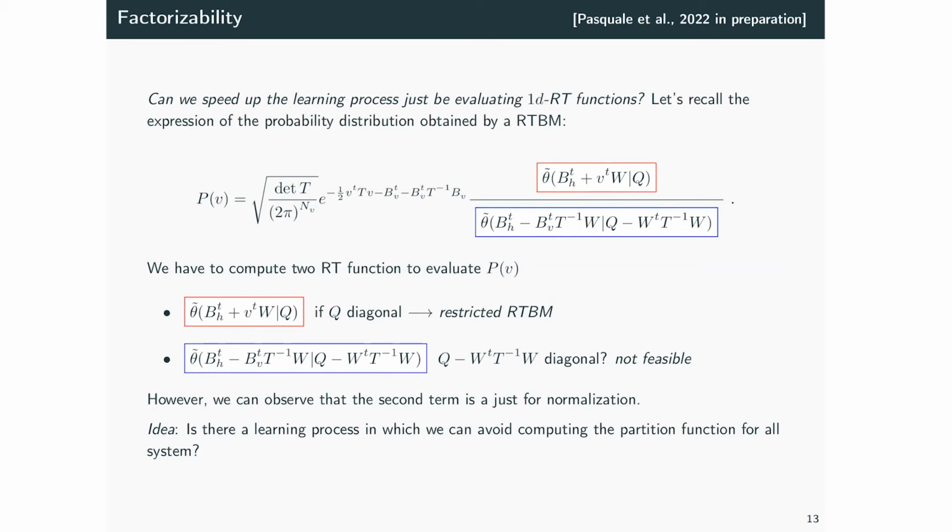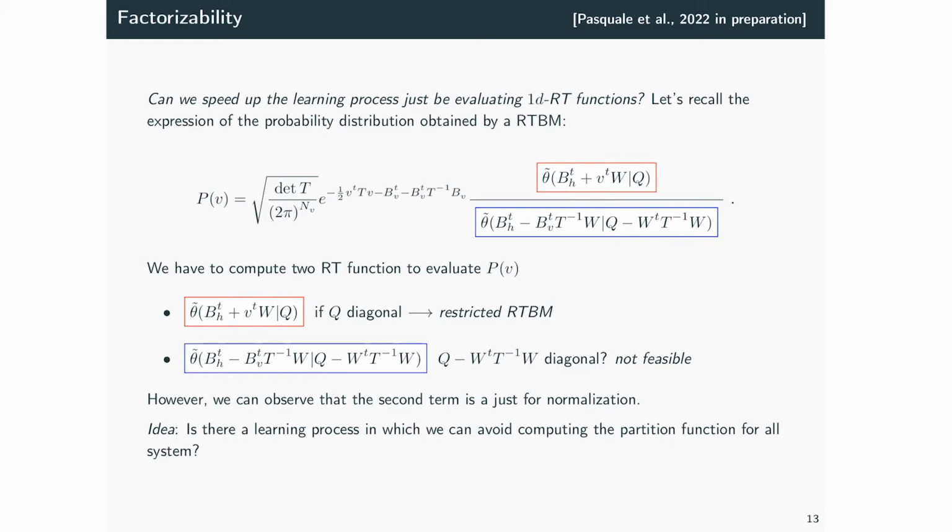So we can start directly by assuming that our Q is a diagonal matrix. But for this second term, we see that it is quite difficult to impose a condition to make this matrix diagonal at the same time as having also this matrix diagonal. I mean, this could be possible for future work.